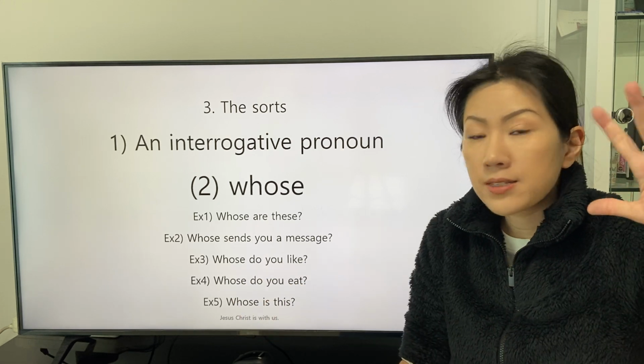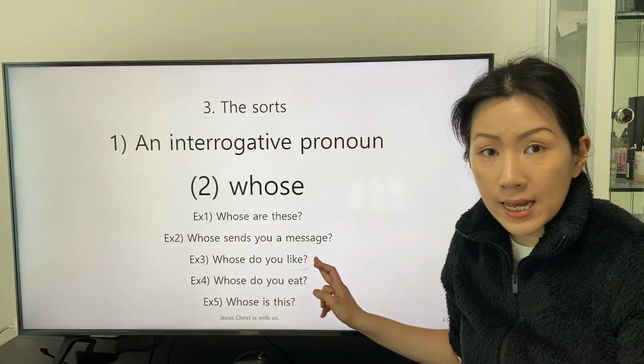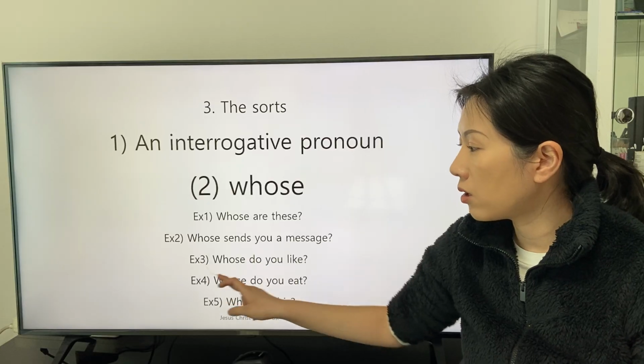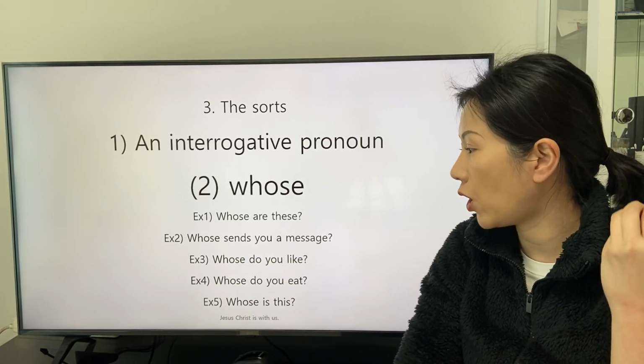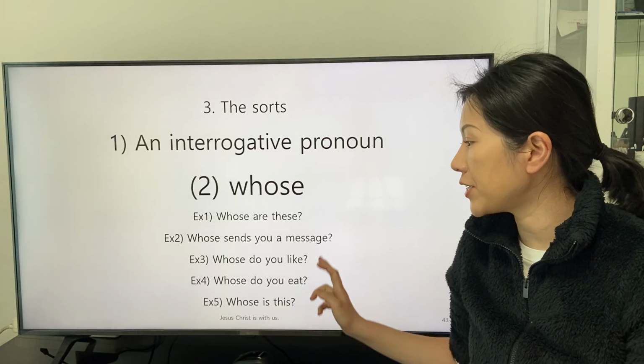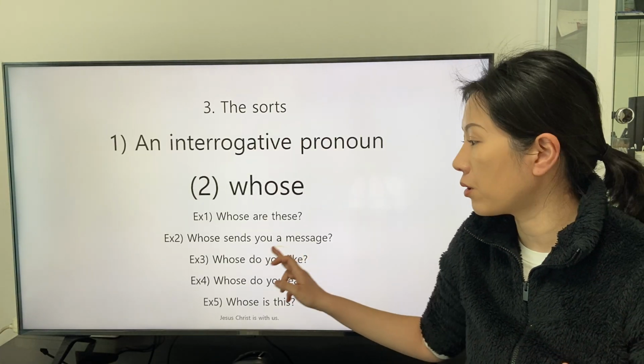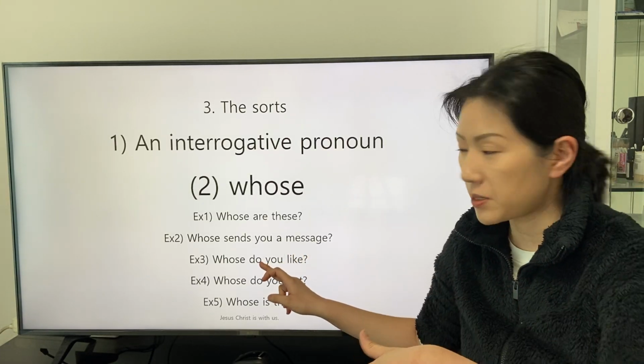In the third example, whose do you like? The interrogative pronoun whose has the role of the object to receive the definition of the transitive verb like from the listeners as the subject.